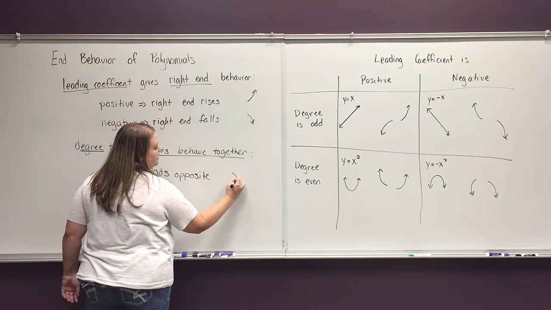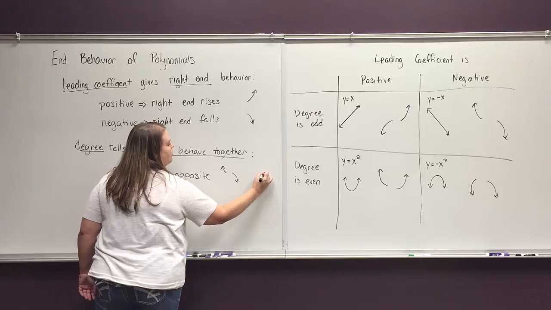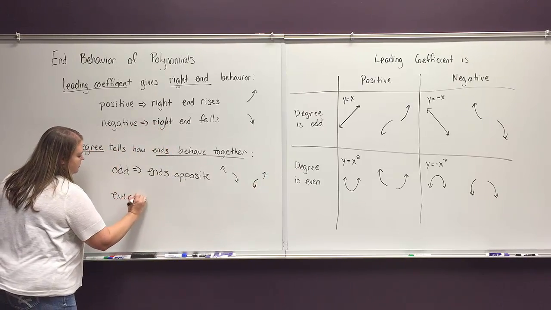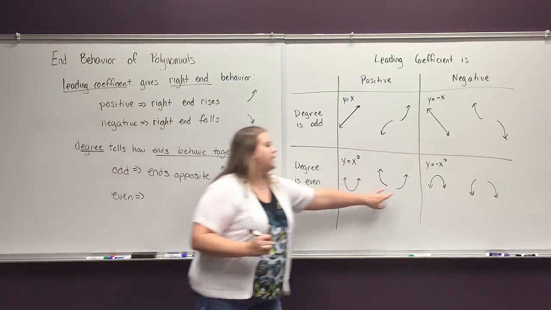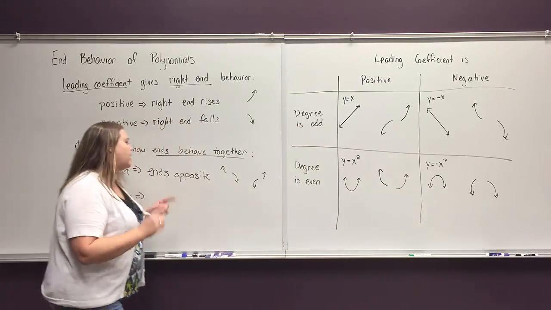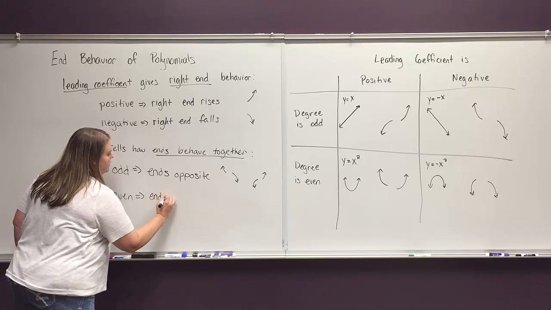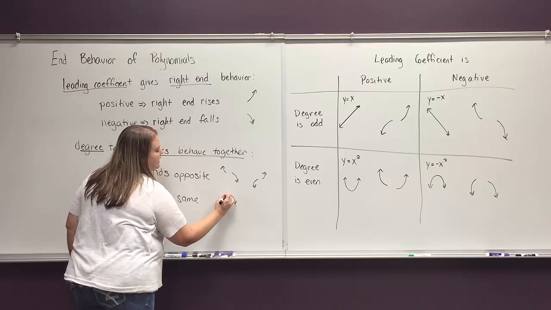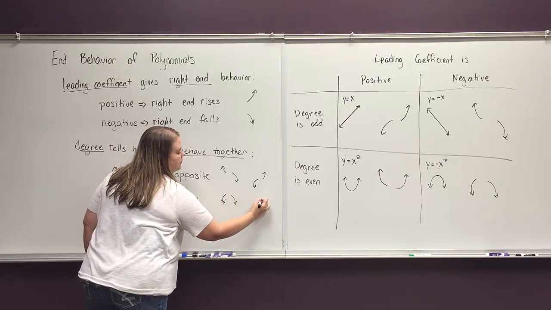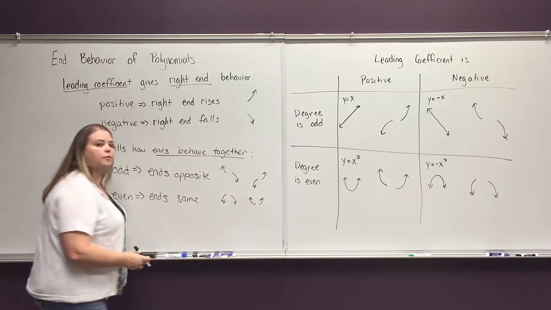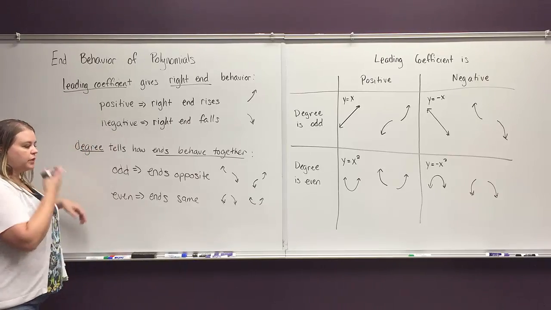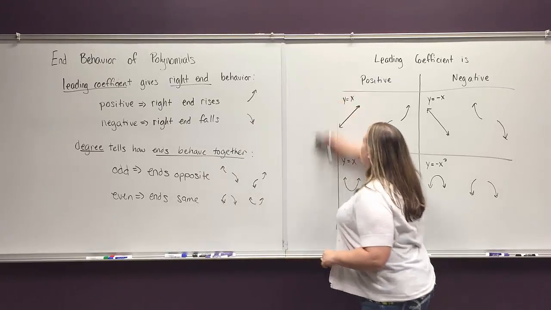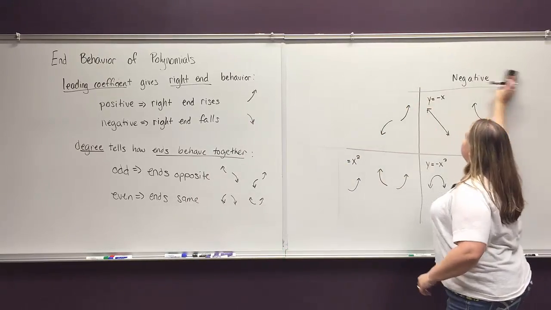So that if the right end falls, the left rises. If the right rises, the left falls. If the degree is even, again, notice in both cases, my ends are doing the same thing. They're either both going up or both going down. Which would tell me if my right end goes down, my left end has to go down also. If my right end goes up, my left end has to go up also. So we can use these rules or the chart to help us determine the end behavior of polynomials.